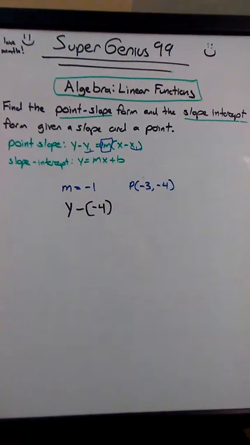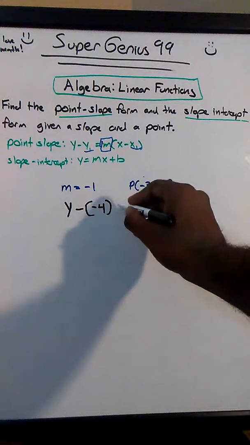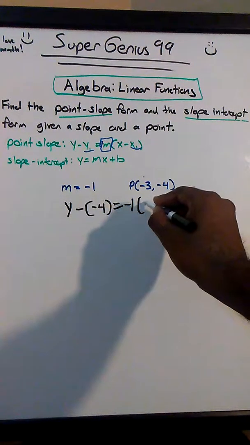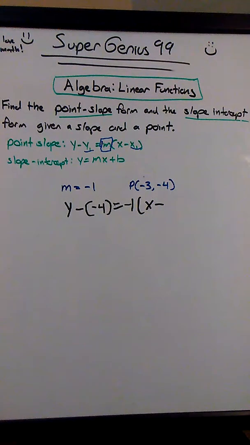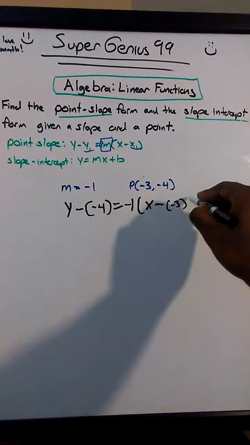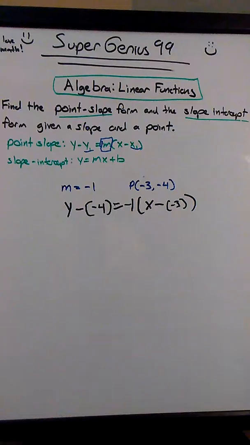So y minus y1 equals m, what's your slope? -1. x minus, what's your x1? -3. And I'm going to put that guy in a set of parentheses itself.